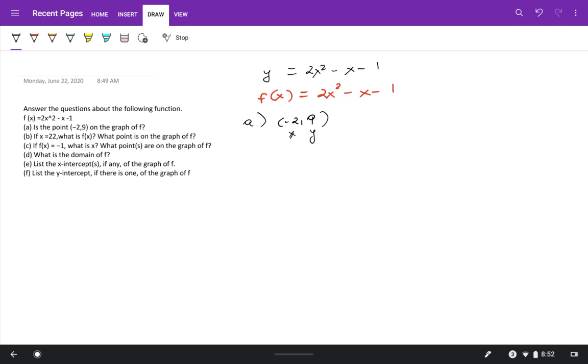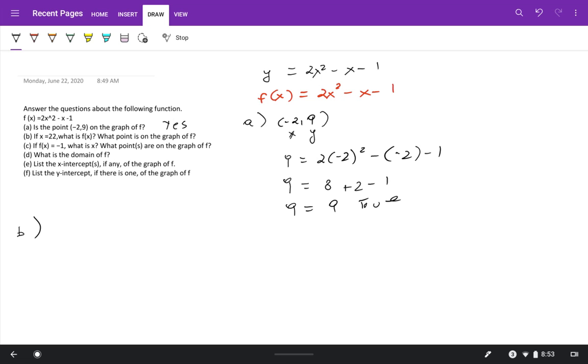So to answer question A, replace y with 9, so we have 9 equals 2 times negative 2 squared minus negative 2 minus 1. So we're having 9 equals 4 times 2, 8, plus 2 minus 1. So we have 9 equals 9. Since this is true, the answer to part A will be yes. The point negative 2 comma 9 is part of the graph of function f.